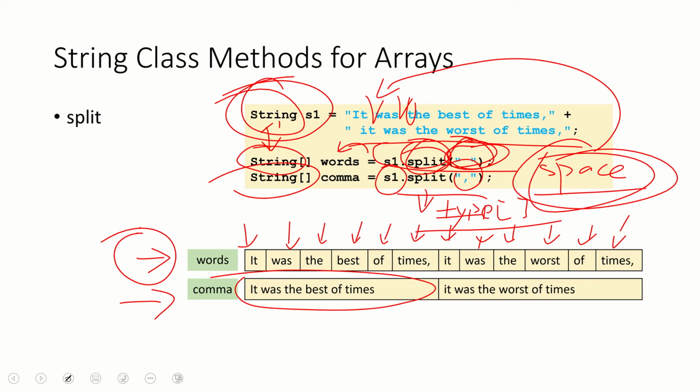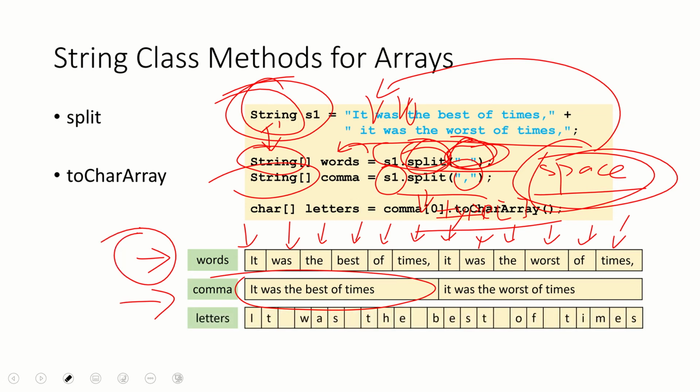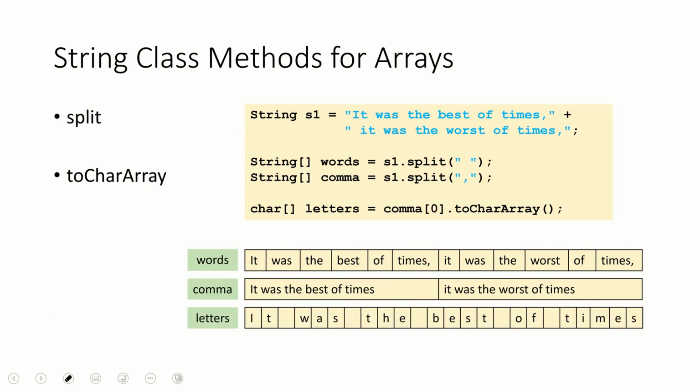It's an array. Another one I want to talk about is toCharArray. toCharArray basically helps you turn a word into different characters.